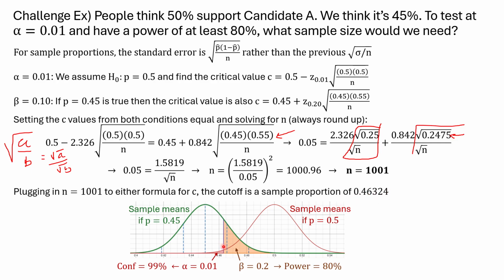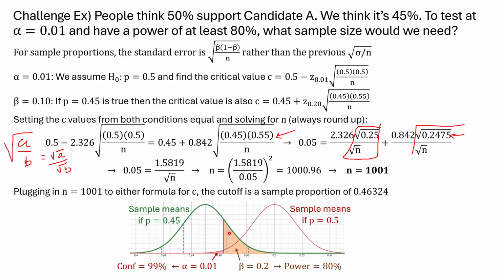So if we had, using our regular hypothesis test, testing if the proportion is 50% or not, if we got a sample proportion that's less than 0.46324, which will happen 80% of the time, then we will reject the null hypothesis in favor of the alternative hypothesis, as we should if the true population proportion is 0.45.